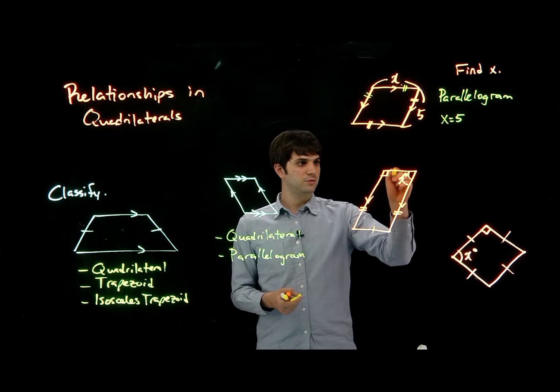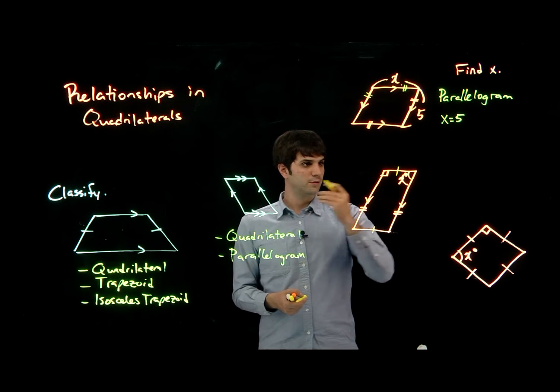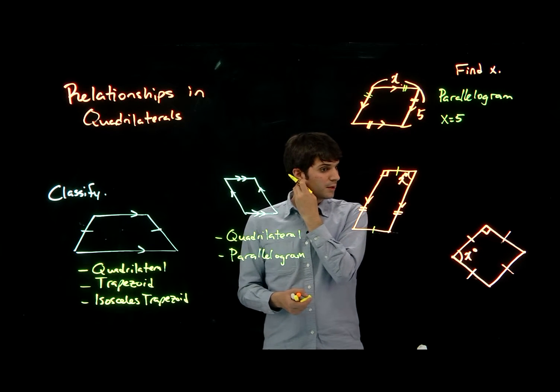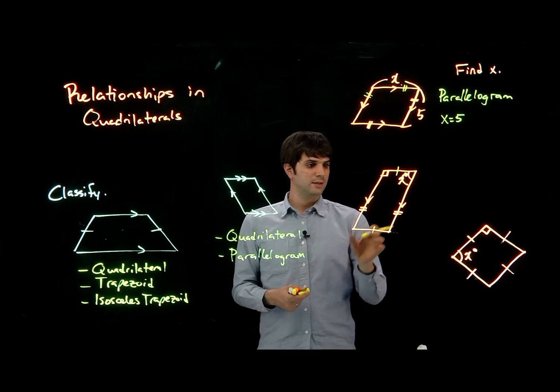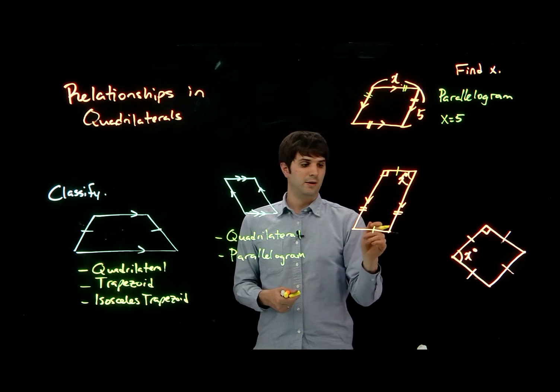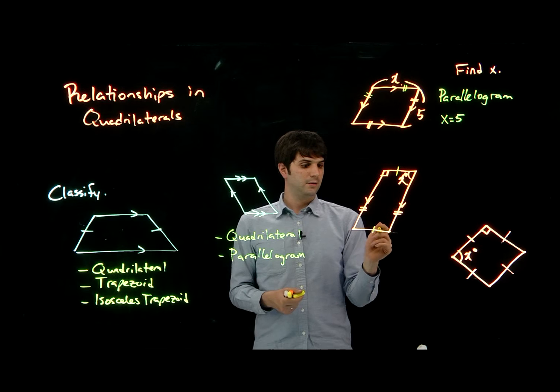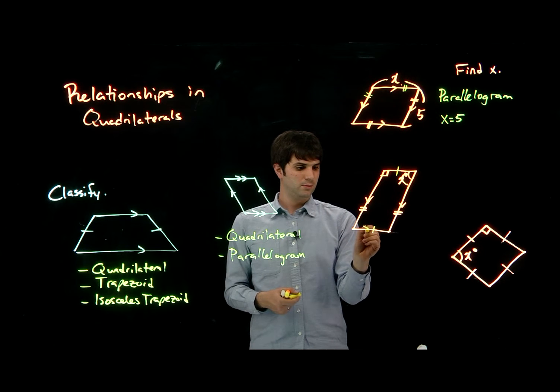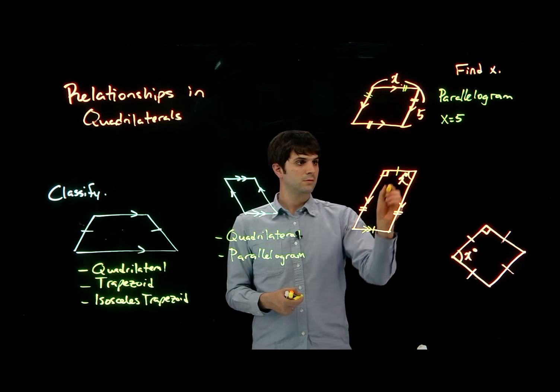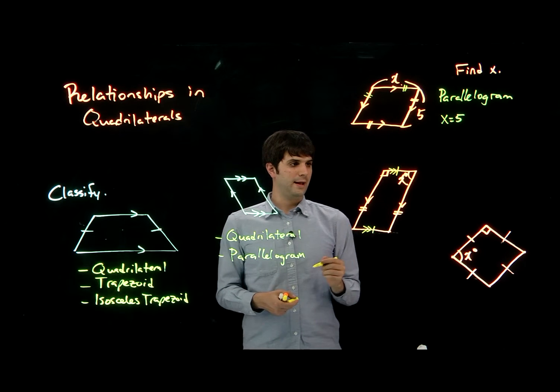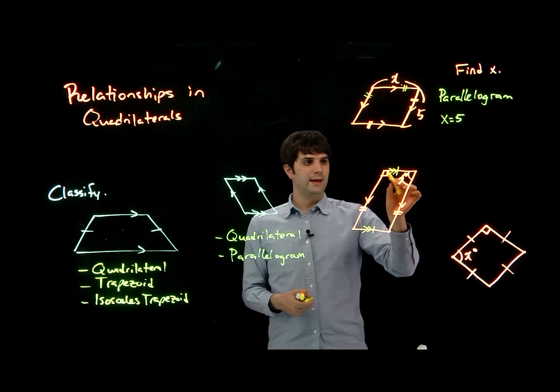And if those two sides are congruent, and these two sides are congruent and parallel, we know that these are also parallel. And we have one right angle in here.